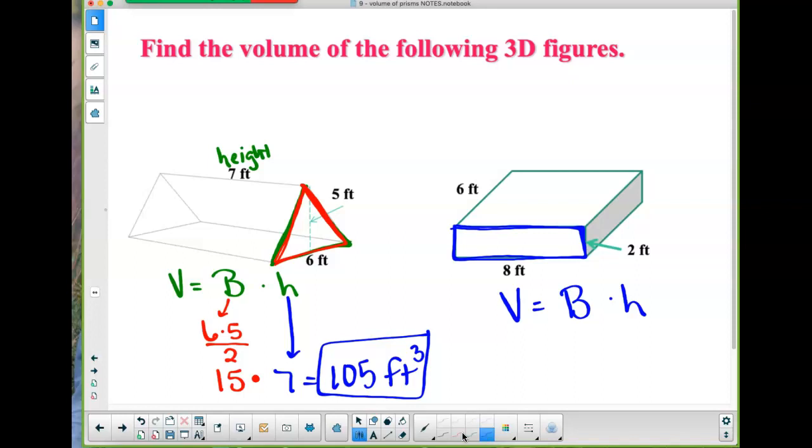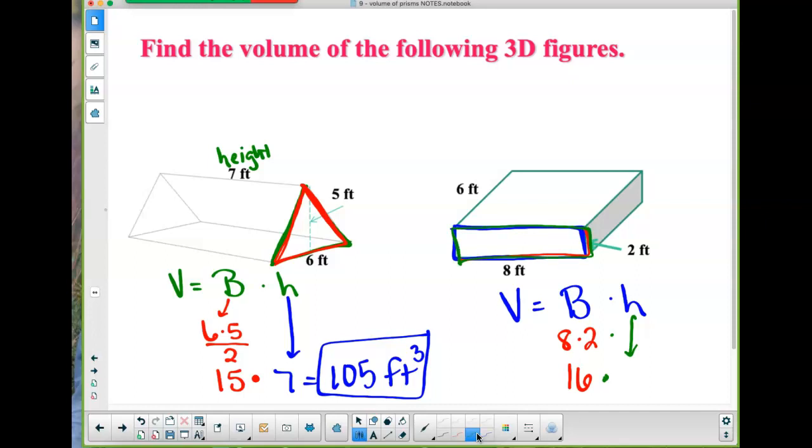Okay, how do I find the area of this rectangle right here? Just that rectangle. What do I do? Really? 8 times 2 is 16. Then we have to times that by the height. I've already used these two numbers, so what's the height of the prism?